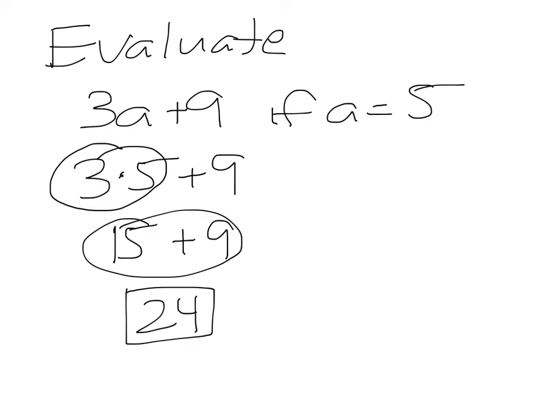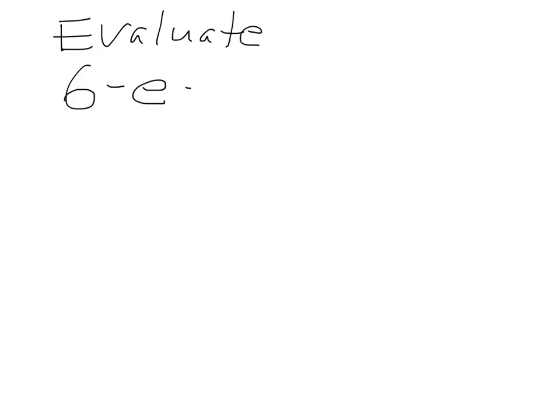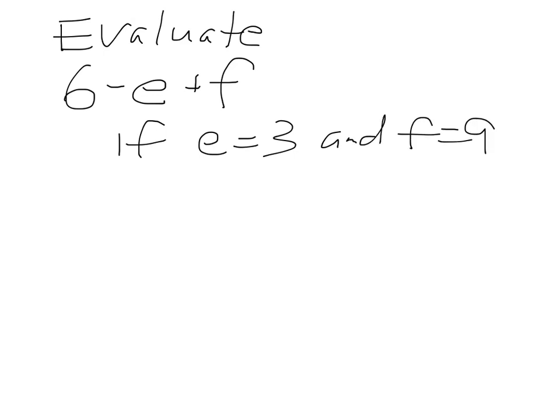Let me give you one to try. Evaluate 6 minus E plus F if E equals 3 and F equals 9. Pause the recording and give this one a try.